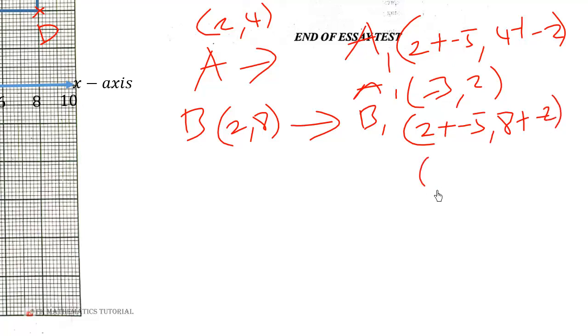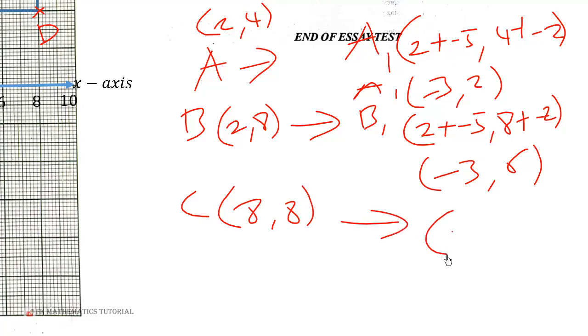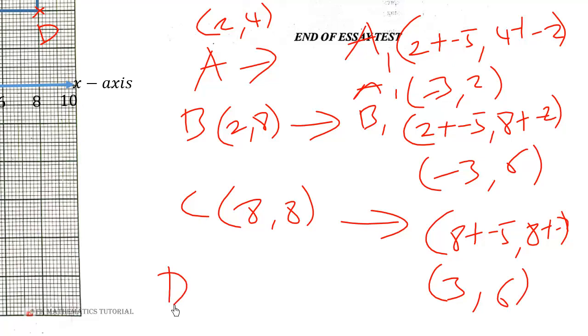So that will be -3, 6. And C with coordinates 8, 8 will now map onto 8 plus -5, then 8 plus -2. So that will be 3, 6.